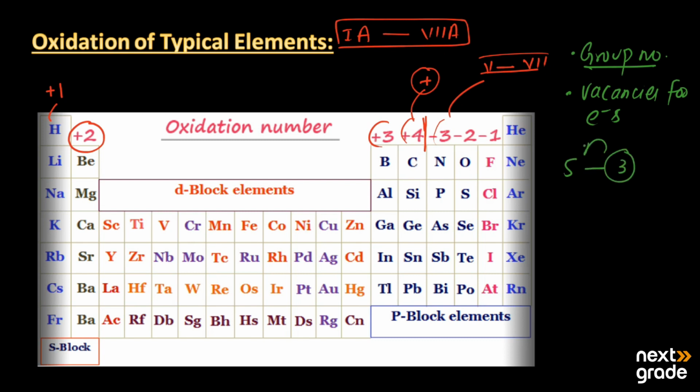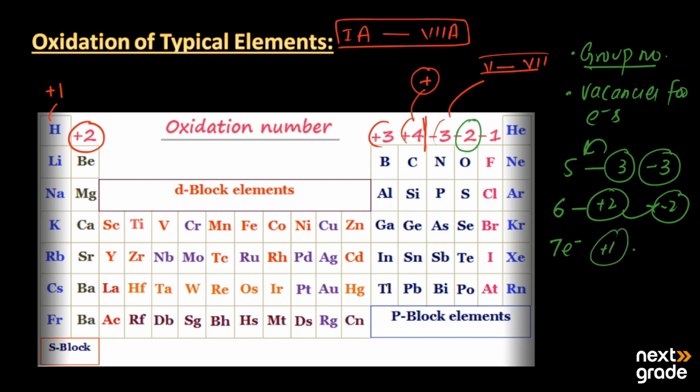It can add 3 electrons, so its oxidation state is -3. On the other hand, group 6 has 6 electrons and it can add 2 more electrons, so its oxidation state will be -2 because it can gain electrons. It is a non-metal. And group 7A already has 7 electrons in the valence shell and they can add one more electron. So their oxidation state will be -1 by gaining one electron.